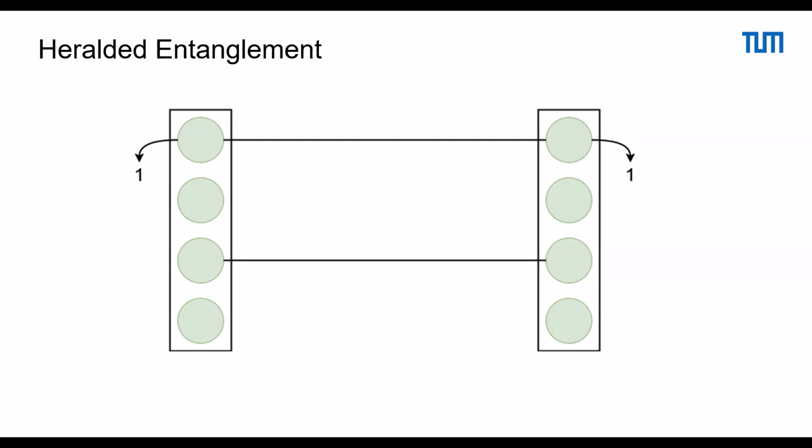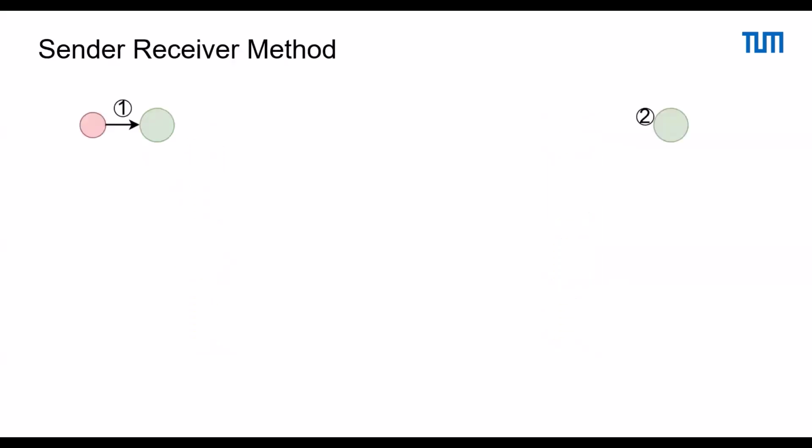So the first one, it's a little bit of a deviation from the naming conventions in the literature, but I will try to explain it. Here we have the sender-receiver method. We place the photon source at one side of the communication partners. We let a photon shoot into the atom qubit that is usually in memory, and we also prepare a second qubit, I think in the Hadamard basis.